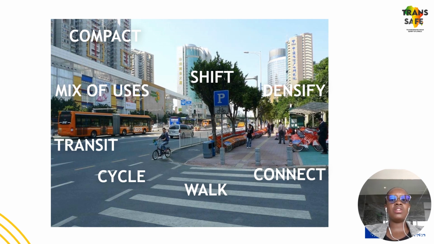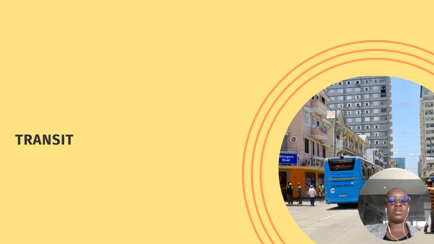So in transit oriented development, what is usually prioritized is sustainable mobility, and not just sustainable mobility, but sustainable mobility which is equitable and inclusive to all residents. So again, one of the principles is transit.